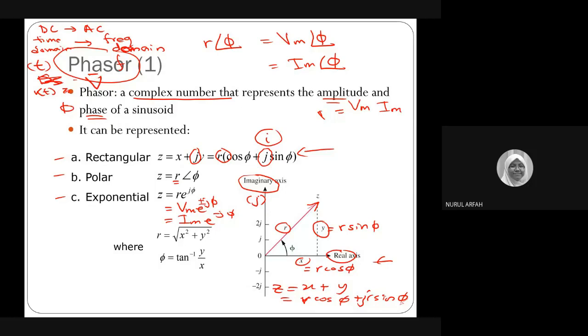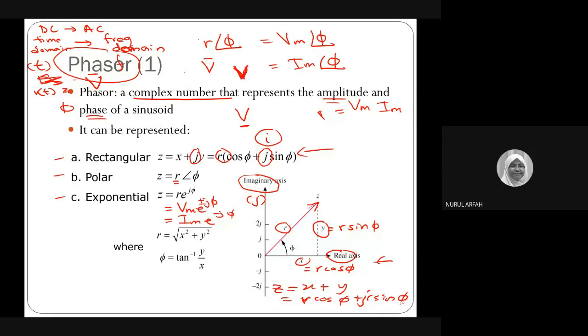Why do I put a bar? Because in your textbook it doesn't say V bar like this, but it bolds the capital letter. So V bold in your textbook. But since you cannot bold it by hand, you only put a bar sign on the V here. Or sometimes you can also write the bar sign down here. So you can use anything as long as you know that this is a phasor. Why put a bar?